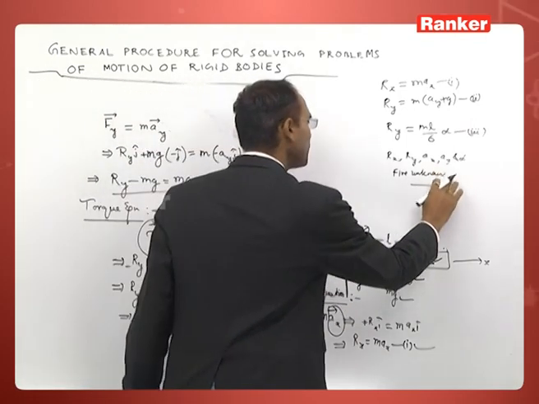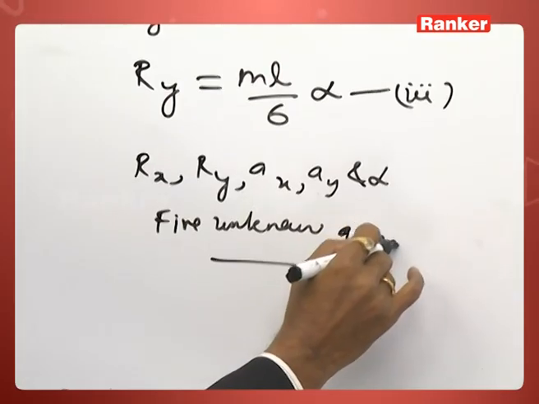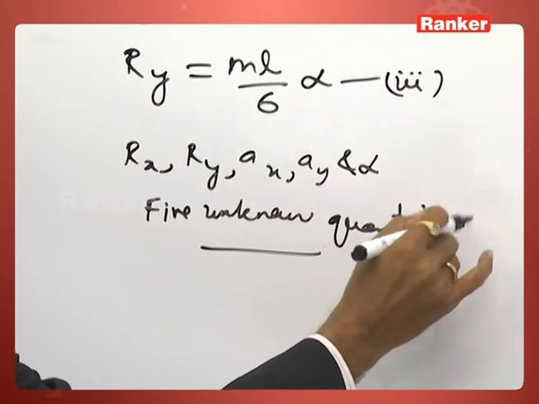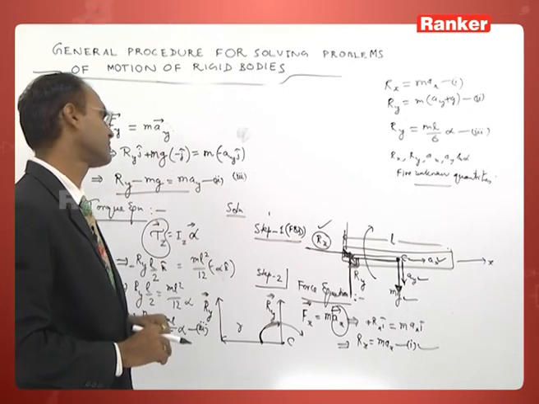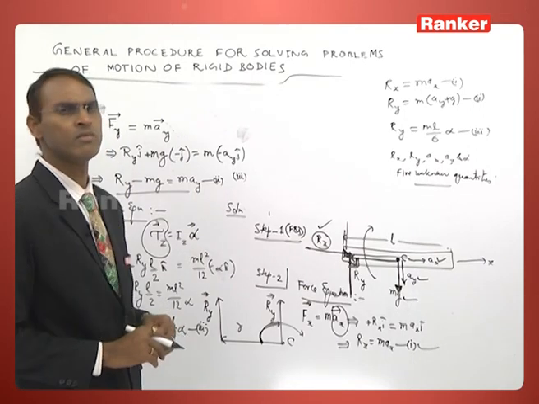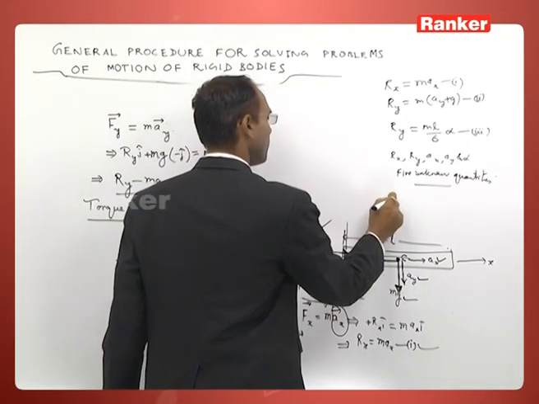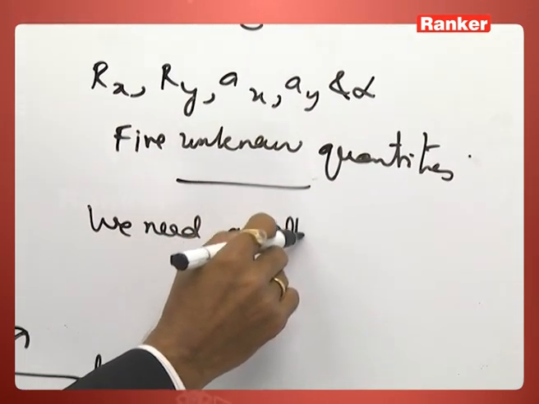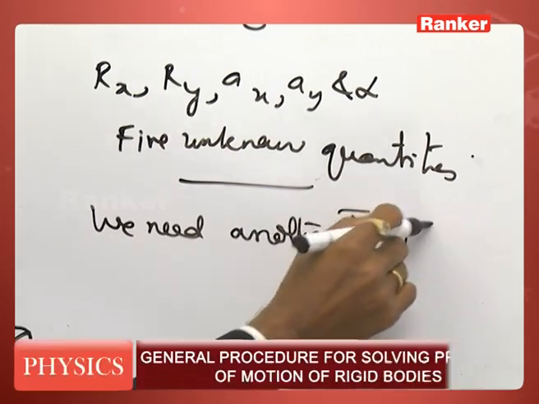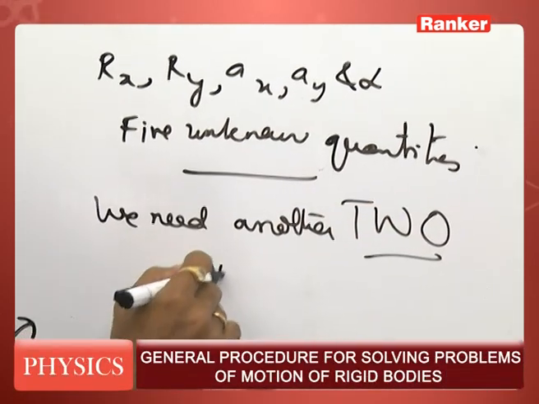We have 5 unknown quantities and how many equations? 3 equations. Therefore, we need another 2 equations.